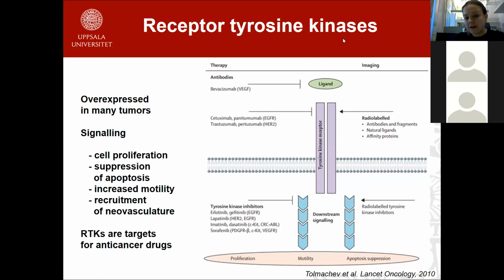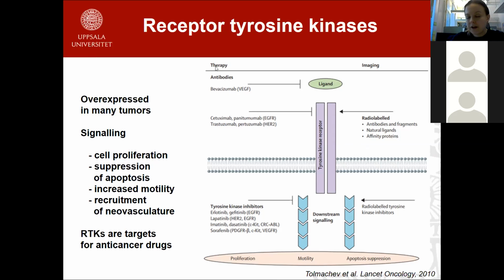These tyrosine kinases are expressed on the surface of the cell, so they are transmembrane receptors, and they can be targeted by some biomolecules because they are on the cell surface. So our targeting molecule doesn't have to go inside the cell through the cell membrane. It just has to react with the receptor on the cell surface and bind to it.